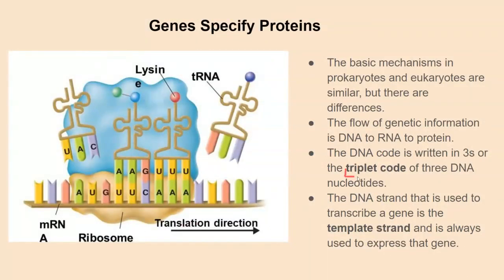So it's going to read in a triplet code, meaning that 3 base pairs will equal 1 amino acid. So for instance, AUG is a codon, and it will be matched with the anticodon UAC. Each of these is paired with a unique amino acid.